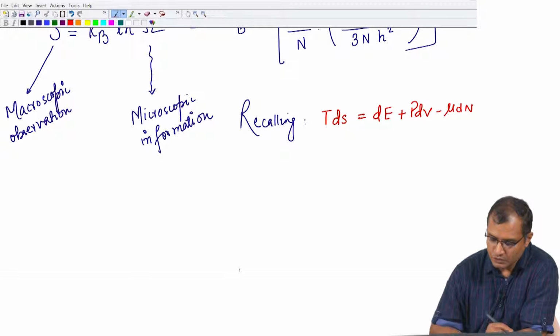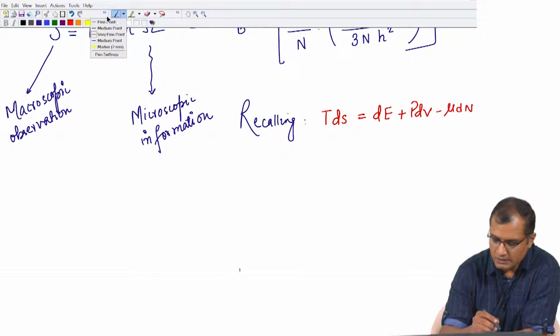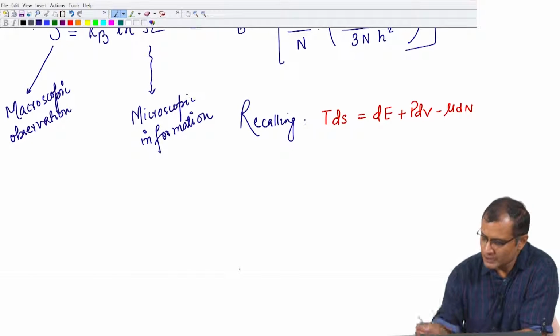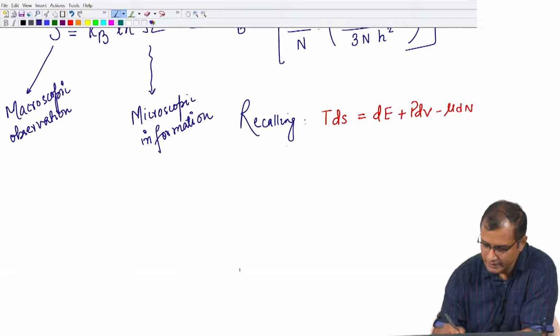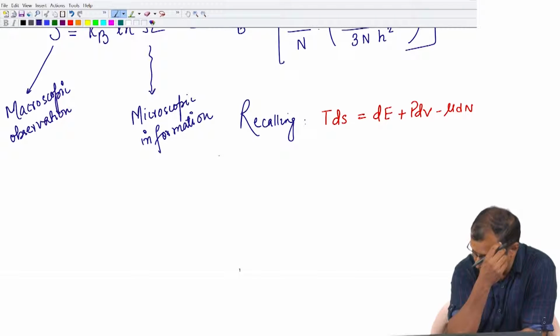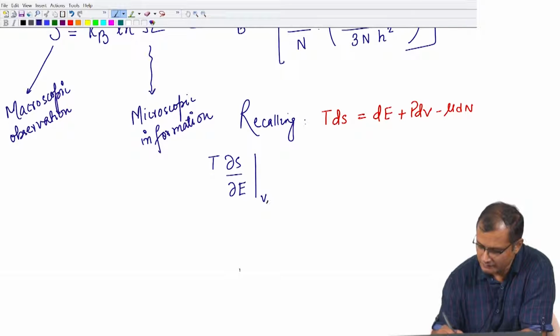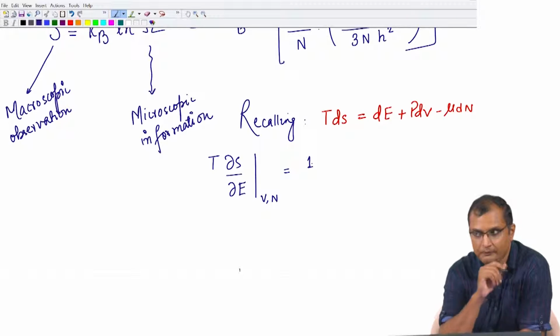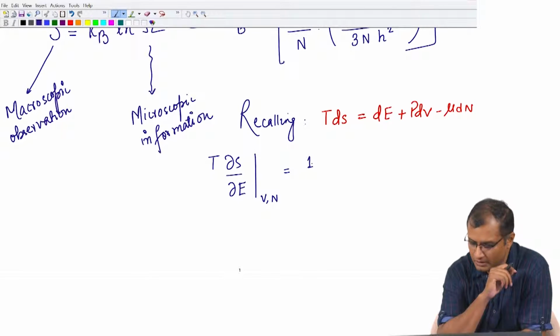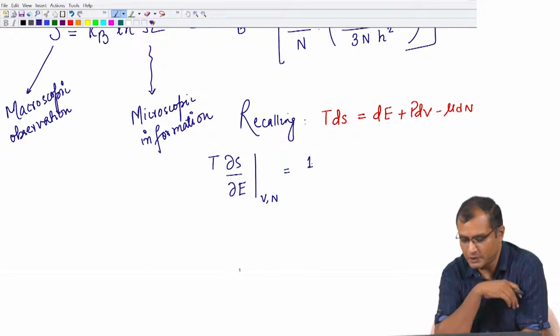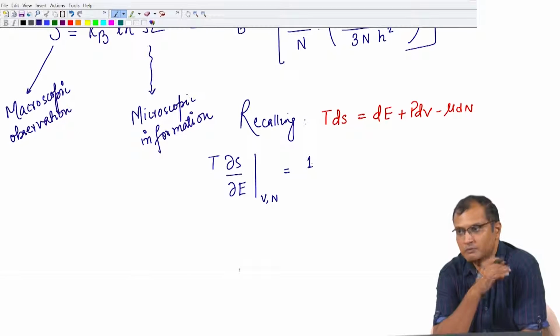So, if I want to compute the energy of the ideal gas, I can use this expression and get an expression for energy by simply saying that T dS over dE at constant values of V and N should be 1. Okay. Just take the differentiation with respect to E, keeping volume and number of particles constant.